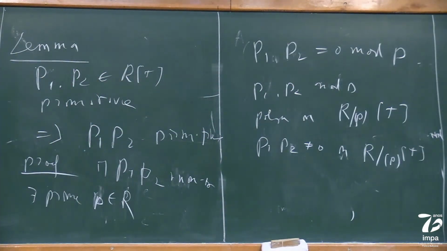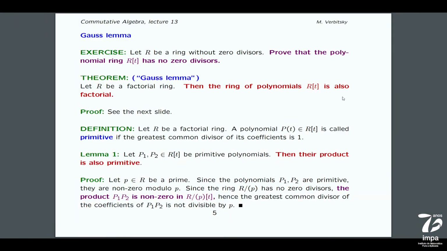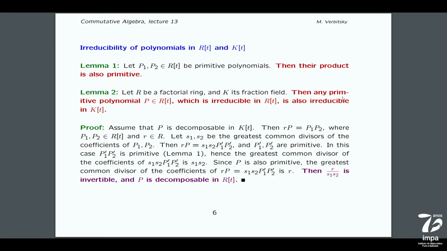Okay. There's a second lemma which I'm going to use now, before I prove this Gauss theorem. It's a consequence of the theorem I just gave to you. It's about reducibility of polynomials in the fraction field and in the ring.